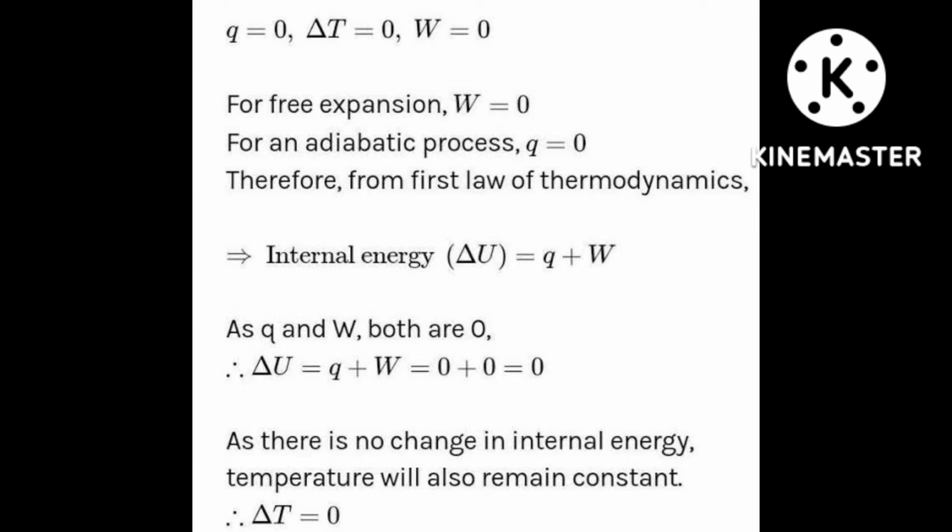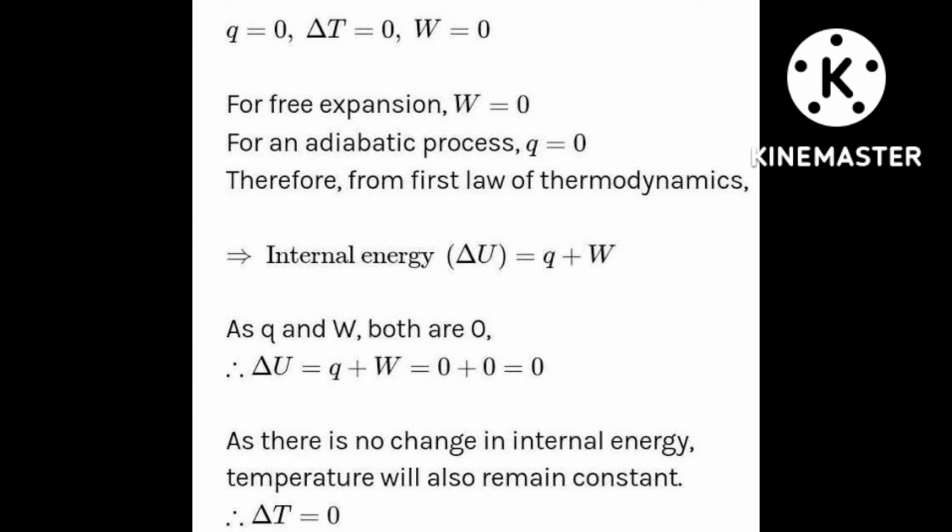Both equations are same. Means Q is equal to minus W, and minus W is equal to nRT ln V final divided by V initial. What we have derived as the expression for work.